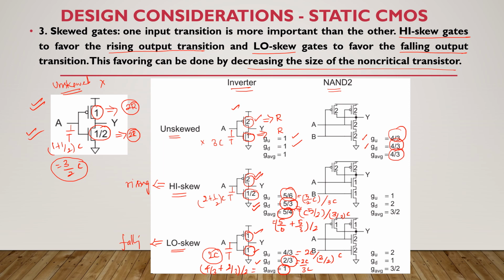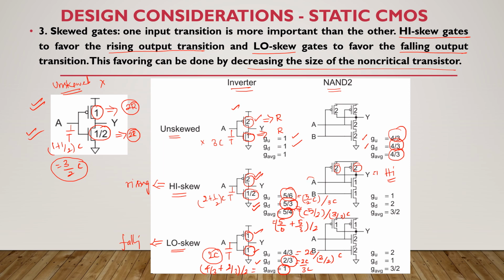Now, if you want to calculate the high skewed NAND gate logical effort for the rising transition, we have to consider y equal to 1. So if A or B, any one is on, you will be getting output equal to 1. So we can consider any one input, A or B.